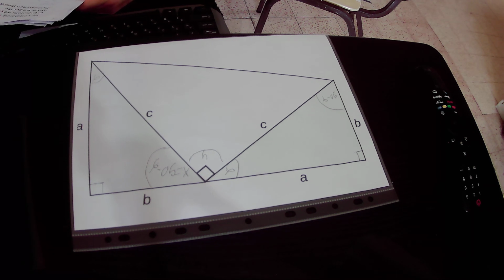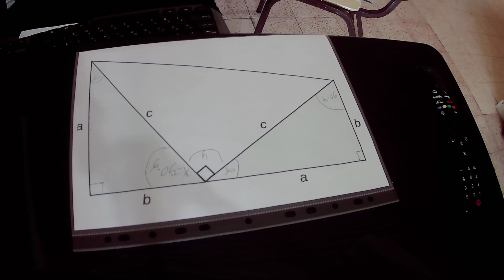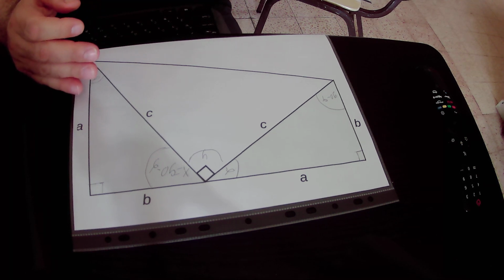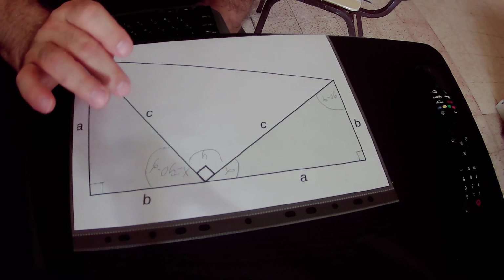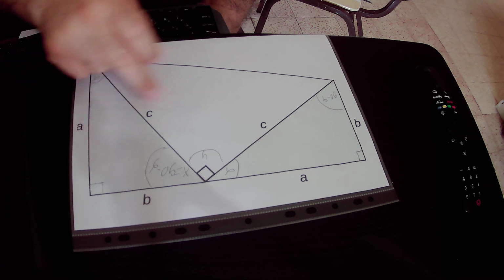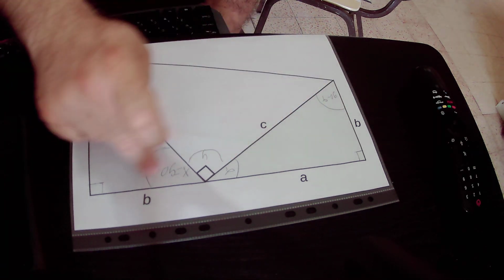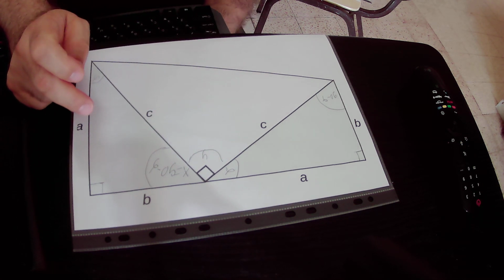By comparing the two expressions we got, we will get the Pythagorean theorem. So we calculated the area of this trapeze in two ways. First of all, it is the sum of the parallel sides, that is A plus B, multiplied by the height, that is also A plus B, divided by 2, or A plus B squared divided by 2.